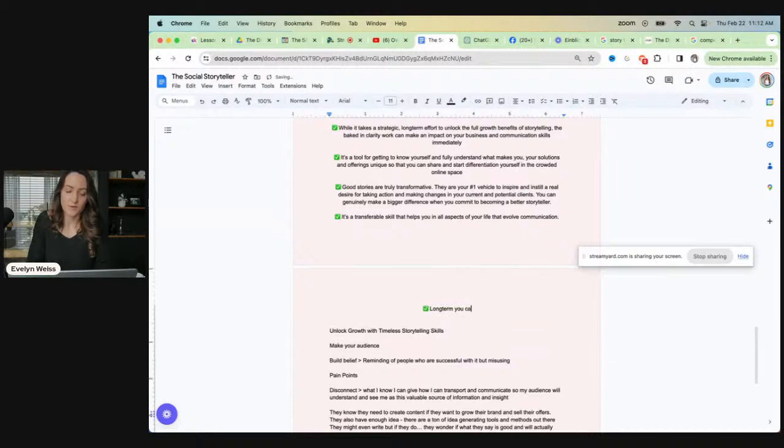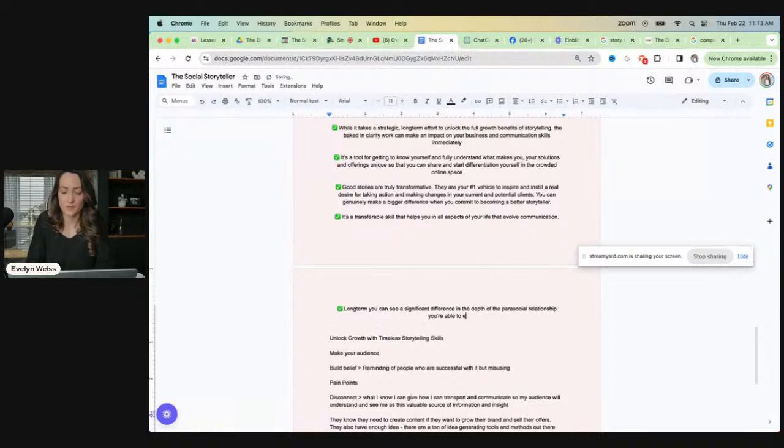Long term, you can see a significant difference in the depth of the parasocial relationships you're able to establish, the loyalty, trust, and engagement of your audience and clients.